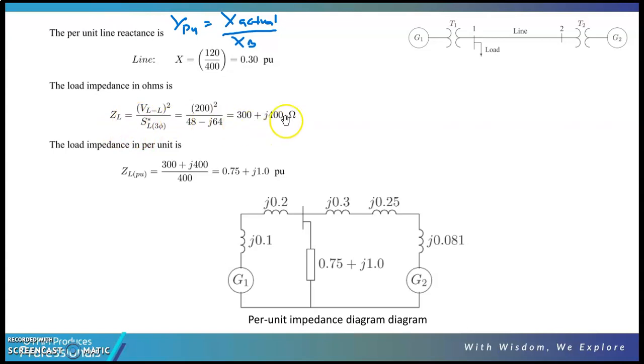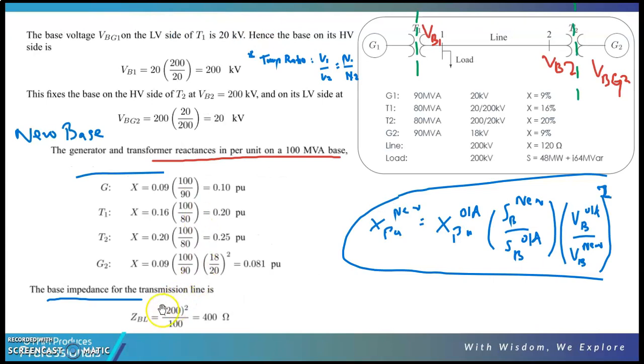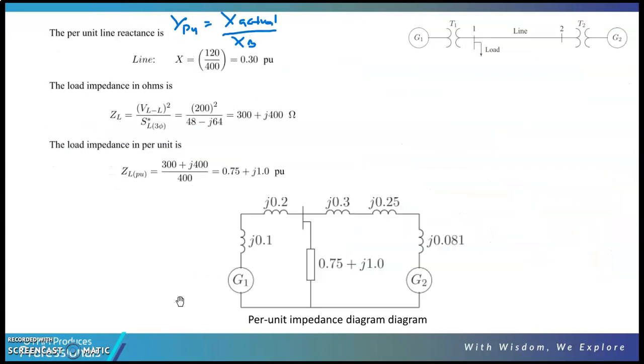Then you can determine ZL. This is the actual value of ZL. Then you can determine the per unit value equal to Z actual divided by Z base. So our Z base for the transmission line equal to 400.